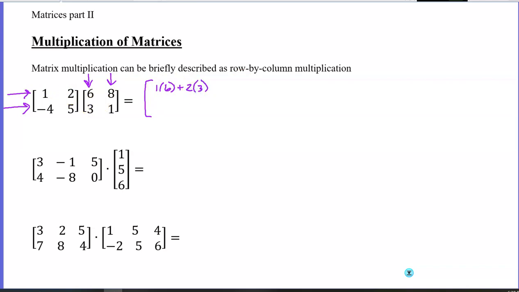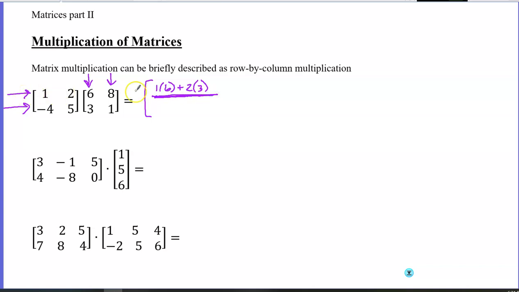It's almost like a dot product, like I'm taking the dot product of that vector and that vector. In fact, it kind of is, for some things that you might do later. So 1 times 6 plus 2 times 3. That is my first position.